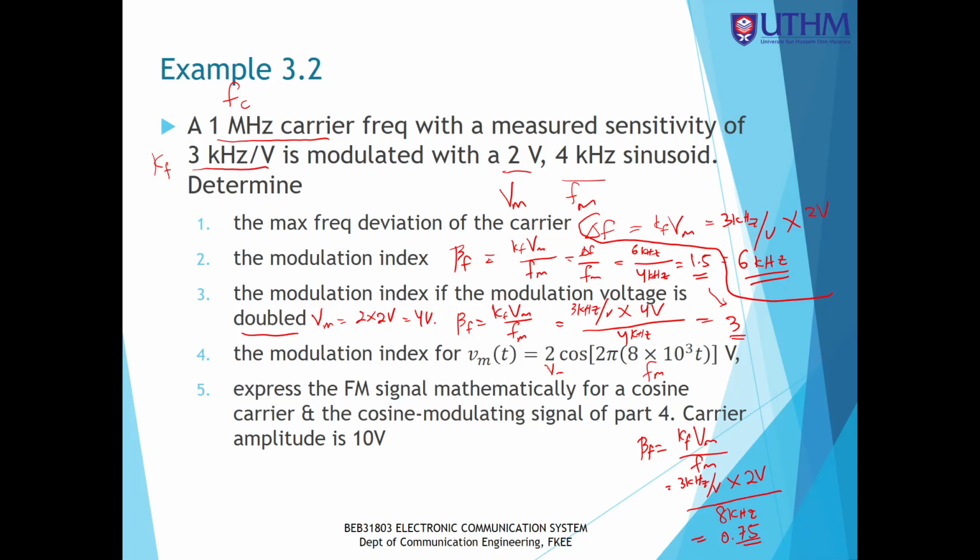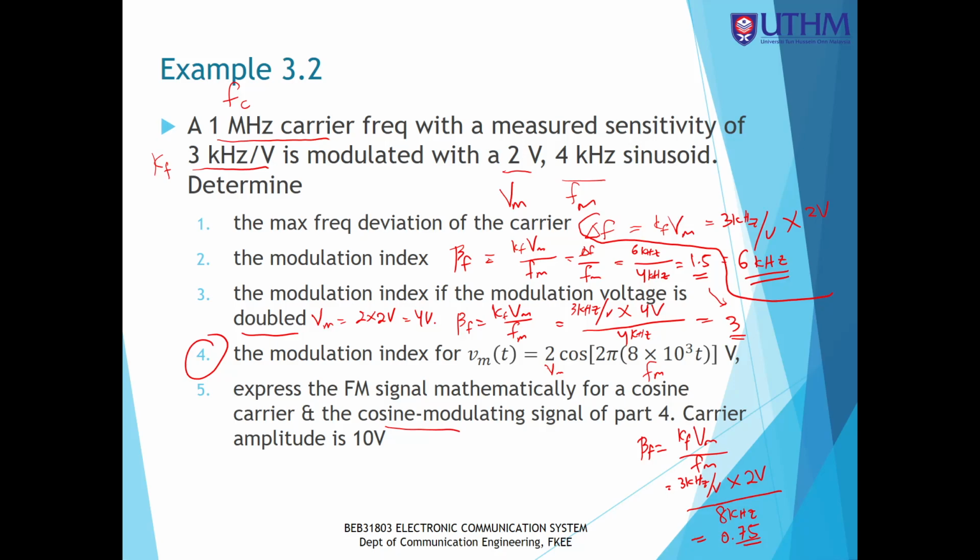Okay, so the next question, express the FM signal mathematically for a cosine carrier and cosine modulating signal of part 4, which is this one. Carrier amplitude is 10 volt.